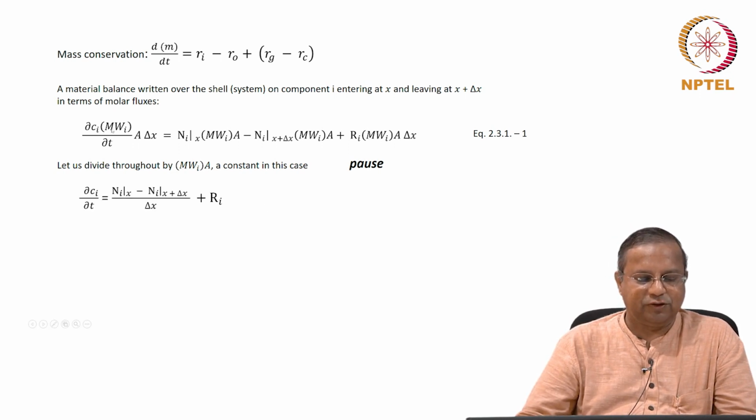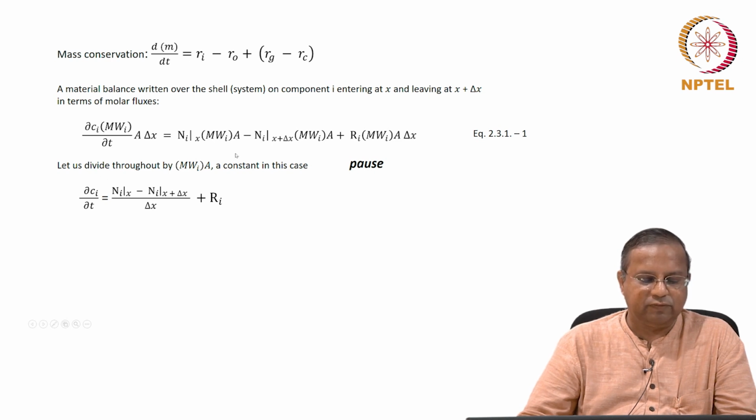If you divide it by the molecular mass times A, this goes away here, these are constants, therefore, you get ∂Ci/∂t, and this we have a delta x here, we will keep this here for the time being. Ni divided by molecular mass times A, this goes, Ni at x remains here, and minus Ni at x plus delta x remains, and Ri delta x remains.